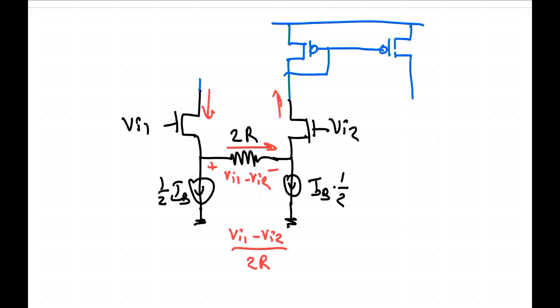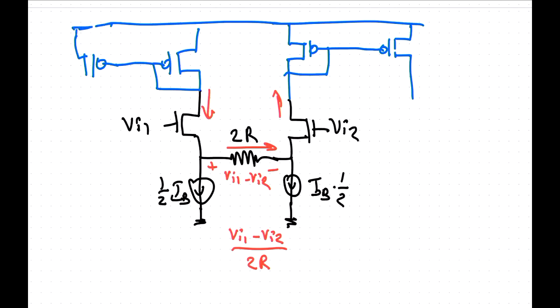So now we have those currents flowing this way here and that way there. Let's call that I1 and I2, which is the same. So you've got I1 over there and I2 there.